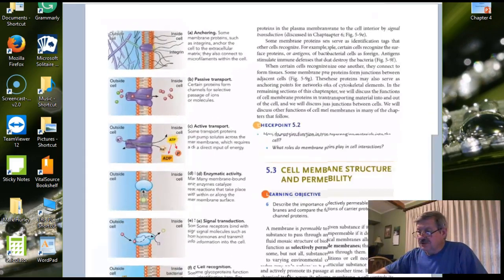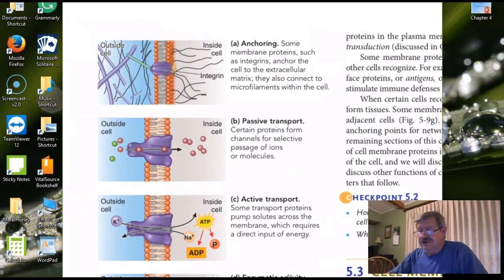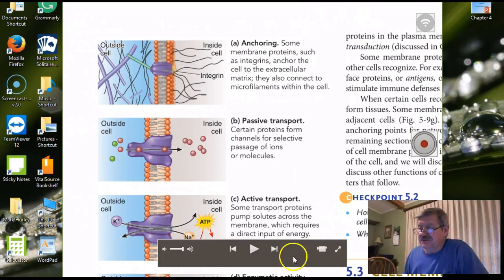Okay, so let's go to this page right here, and we looked at the nature of these proteins that are found in the membrane. You've got proteins that are involved in anchoring, attached to both the extracellular matrix on the outside of the cell as well as the cytoskeleton on the inside of the cell.